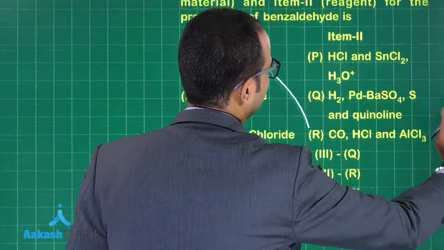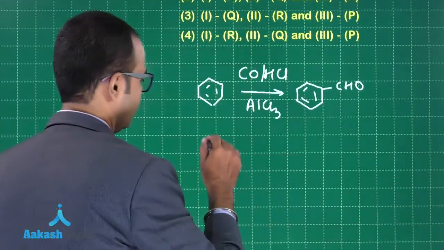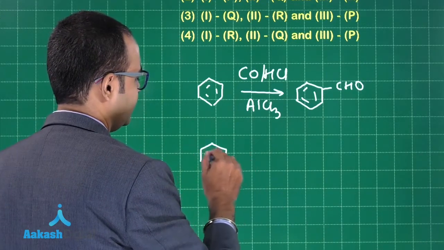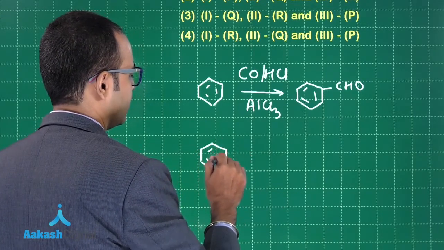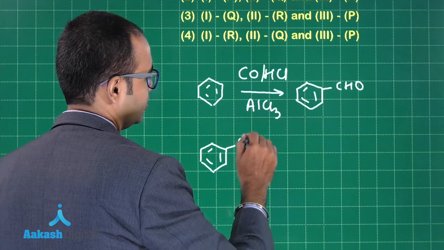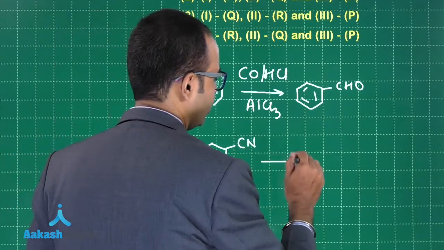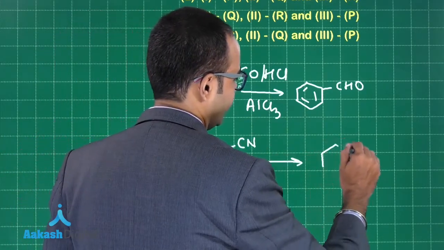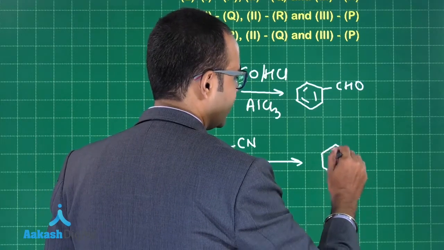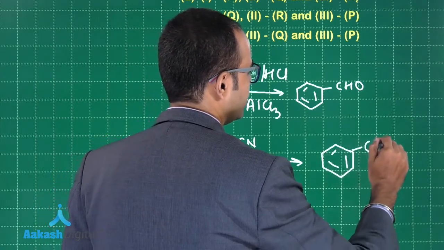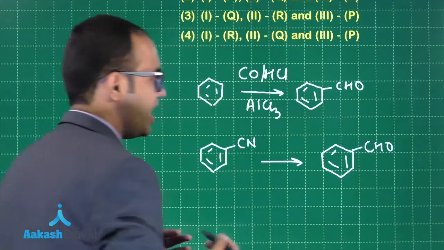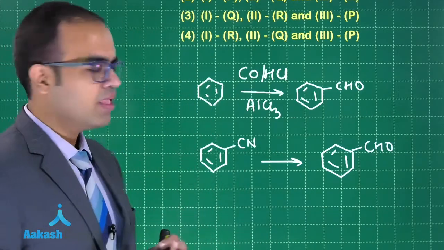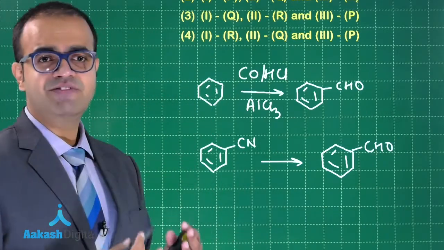Benzonitrile. So what is benzonitrile? Let's see. Benzonitrile is benzene connected to a cyanide. I want to convert this to benzaldehyde. How can I convert a cyanide to CHO? I can convert a cyanide to CHO by using Stephen's reduction.